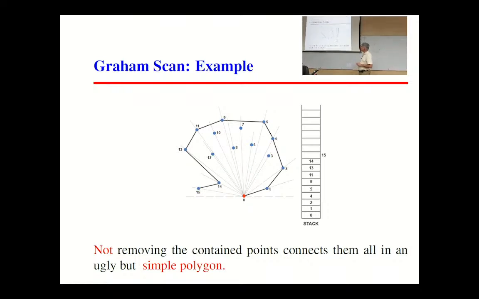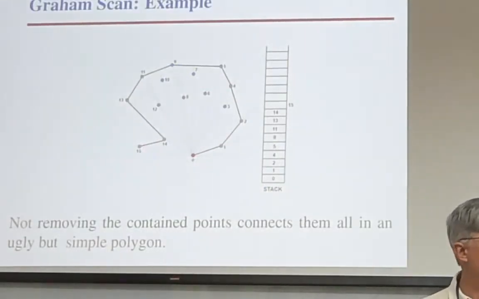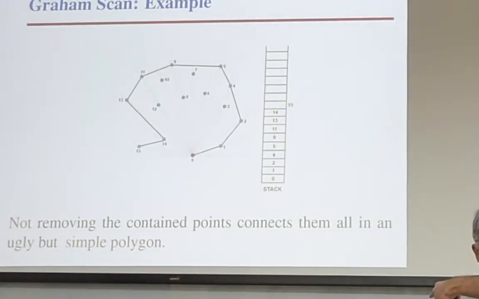If we have the lowest point that we're starting with, what do we know about the angles made by every one of the other points? It's got to be between 0 and pi, not 2 pi, but pi. Good. We can sort the points according to the angle.